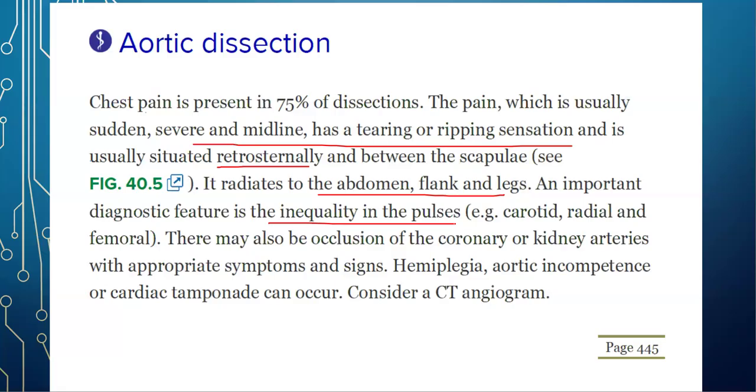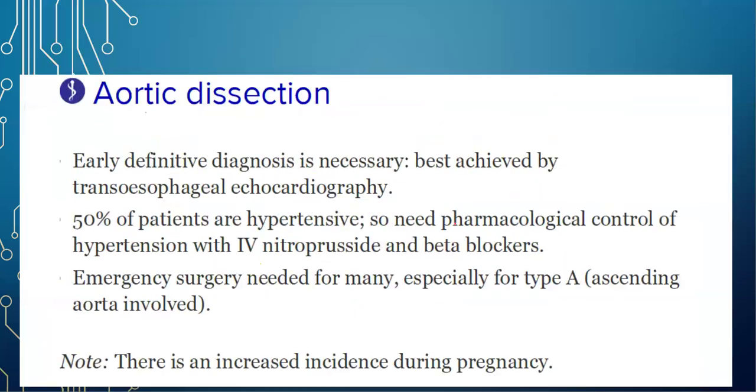So if you suspect aortic dissection, what is your confirmatory investigation? Because this is chest pain, definitely you will do an ECG first. And in the ECG, you might not get any abnormality. Then you might even want to do a chest X-ray where you can get a widening of the mediastinum. But the confirmatory test is transesophageal echocardiography.